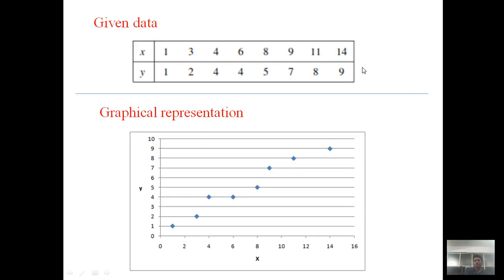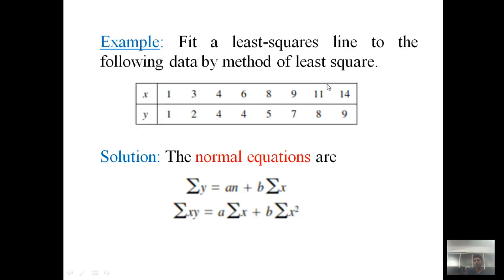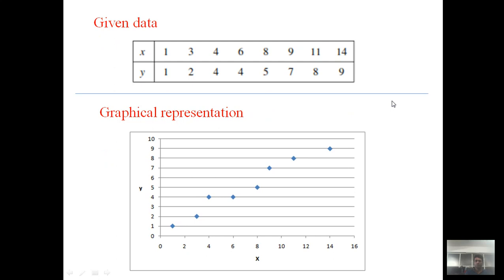Now this slide shows the graphical representation of the given question. Data is given, the value of x and the corresponding value of y, so we write the table as it is. The graphical representation shows that when x is 1, y is 1, so this point. When x is 3, y is 2, so this point.